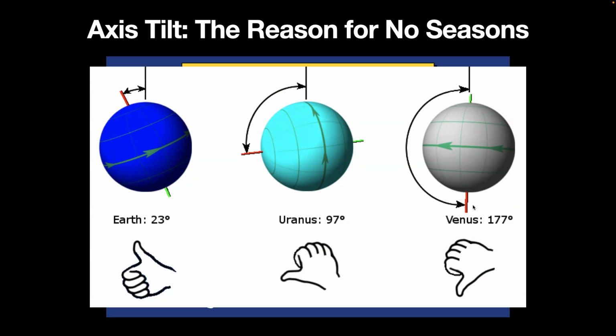This is a comparison of Earth's tilt, the tilt of Uranus, which is about 90 degrees, a planet spinning on its side, which we'll look at a little bit later, and Venus's tilt. So you can see where they're coming from. The North Pole has been flipped to the bottom, but functionally we have a planet that's basically straight up and down, which means Venus has no real seasonal variation.